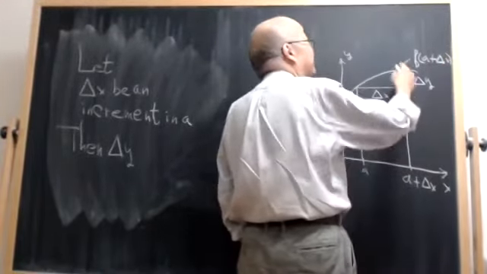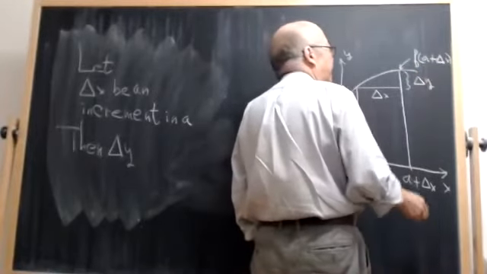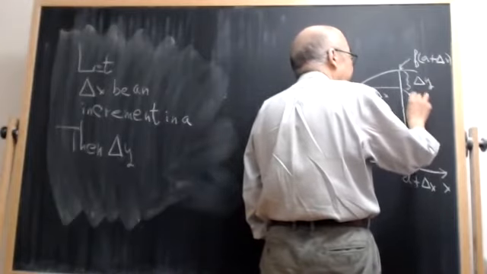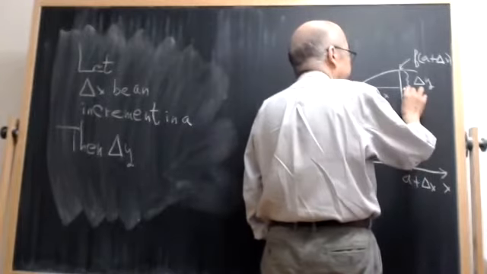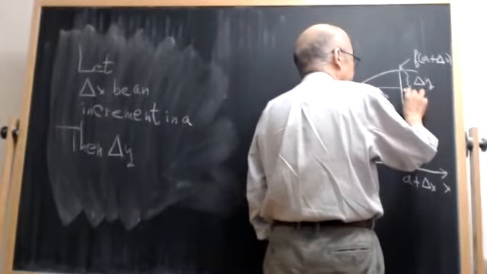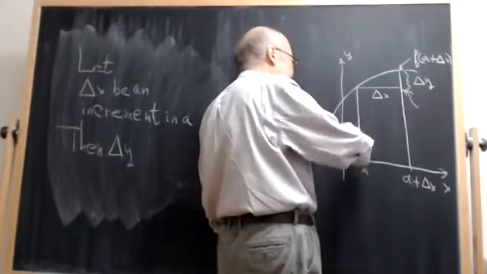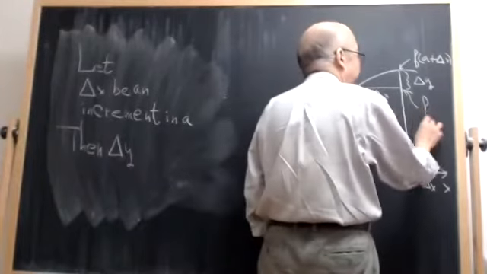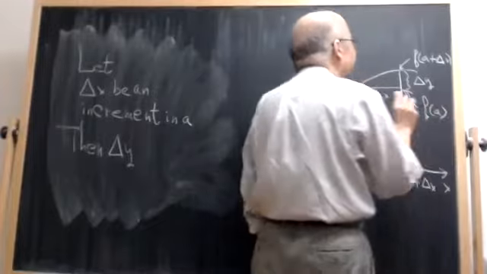I mean the height here is f at A plus delta x, and the height here is the same as the height here, which is f of A. Right?